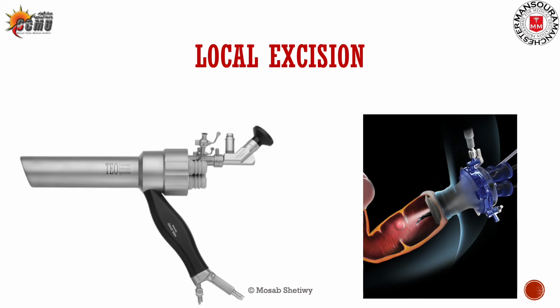This also could be done with TES, or transanal endoscopic surgery, like TEO. TEO is a transanal endoscopic operation, done with a proctoscope similar to transanal endoscopic microsurgery. The one to the left is the TEO.